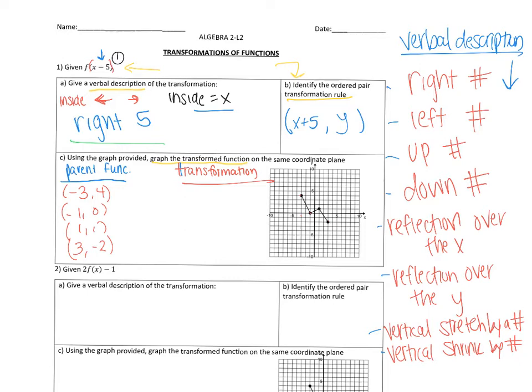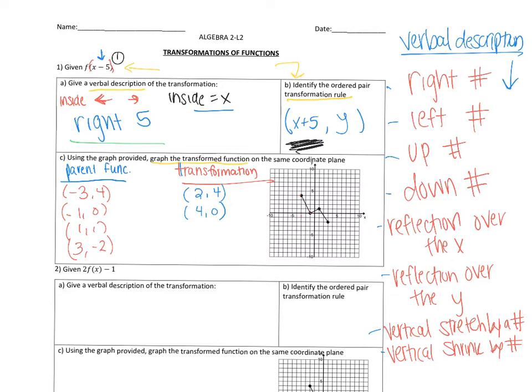Then I want to come up with my new transformed points. We said here that the rule was X plus 5, so for every point, I need to add 5 to the X value. This first one, -3 plus 5 becomes 2, 4. -1 plus 5 becomes 4, 0.